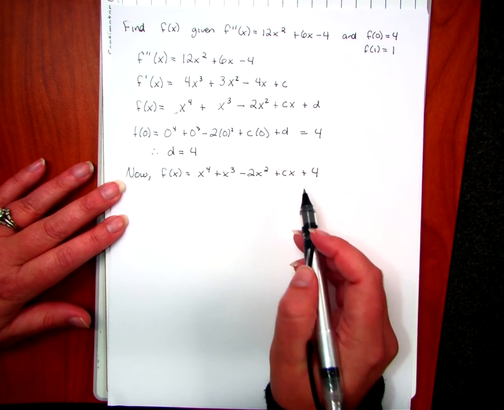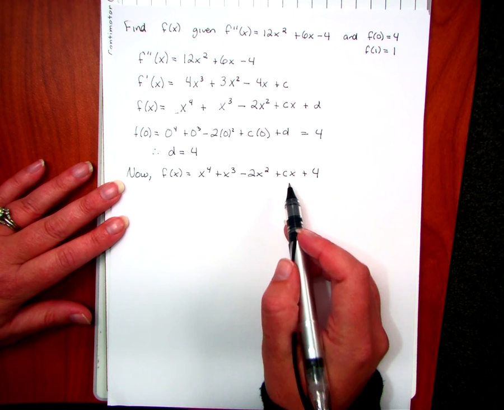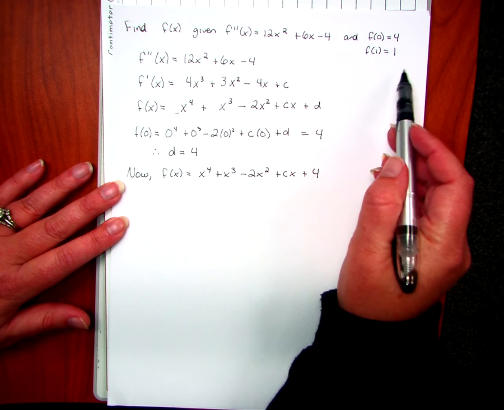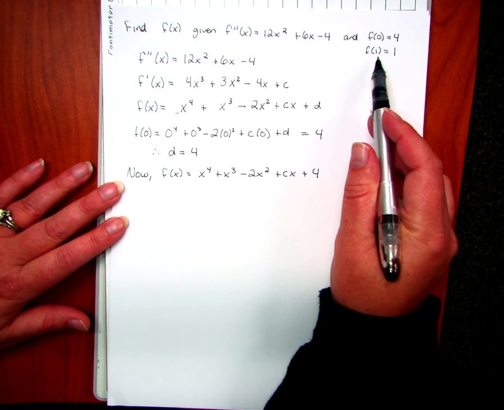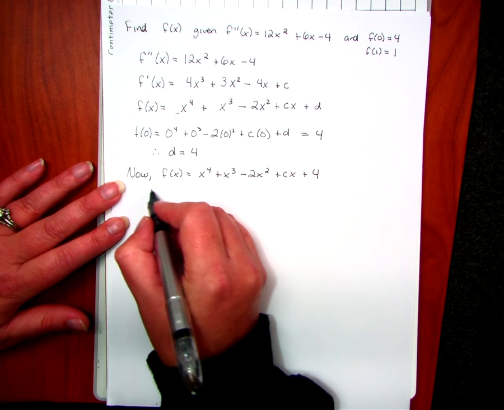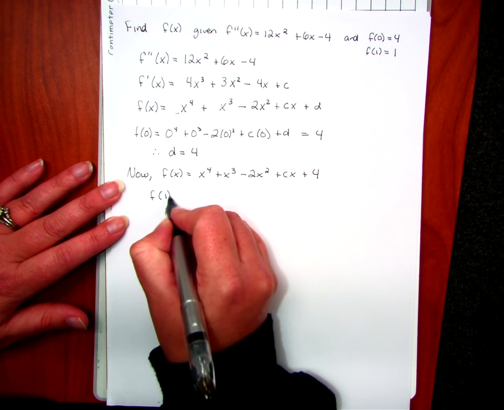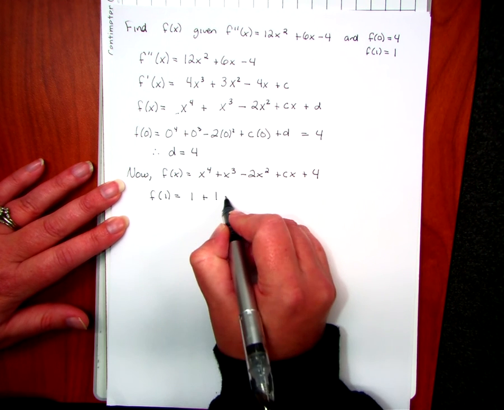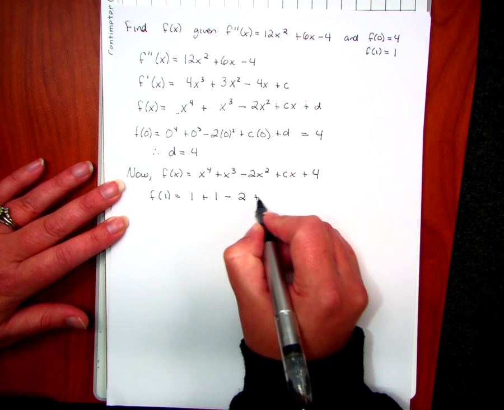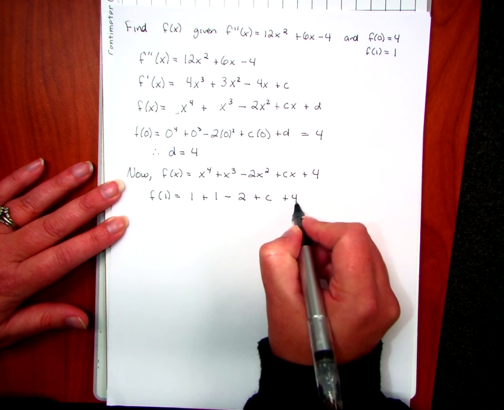It still has a constant c. And so if I use the other point and plug 1 into this, that will help me solve for c. So if I plug 1 into the function, I'm going to get 1 plus 1 minus 2 plus c plus 4.